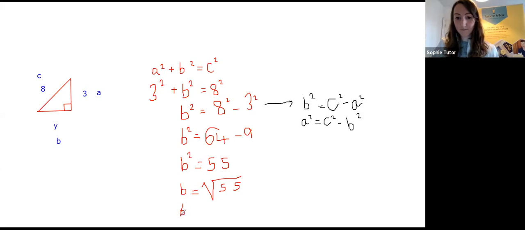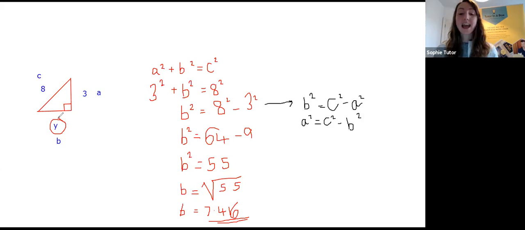So B equals 7.416. So here, our Y value, which is our B value in effect, is 7.416. And that's all there is to Pythagoras.